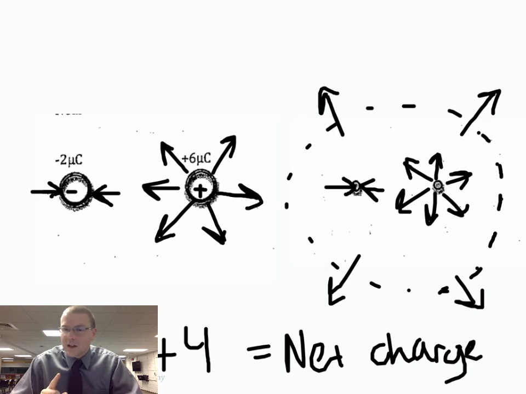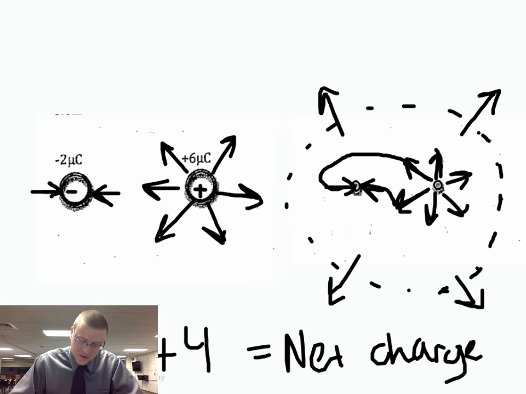Remember, field lines can't cross, so I'll take this first line and connect it to the -2. I'm going to take this second line and connect it to the back of -2, so I've taken care of those 2 field lines that attract from the positive and negative. And now I'm going to take the rest of those field lines and connect them to the outside edge.